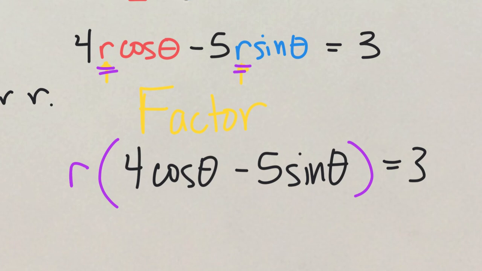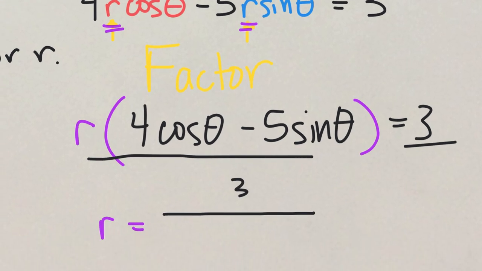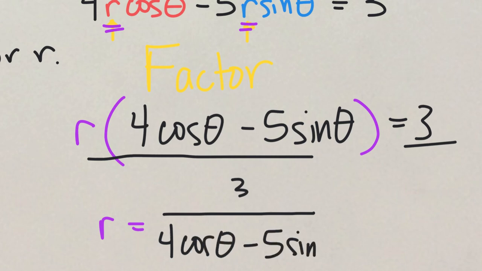So it's r times all that stuff. And now if we solve for r, what's our next step? Divide by all this stuff, right? We're going to divide by 4 cosine theta minus 5 sine theta. It's okay. We're dividing by one thing. 3 divided by 4 cosine theta minus 5 sine theta.